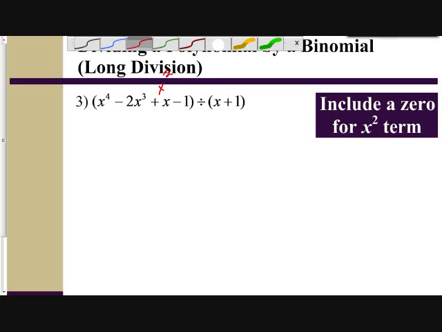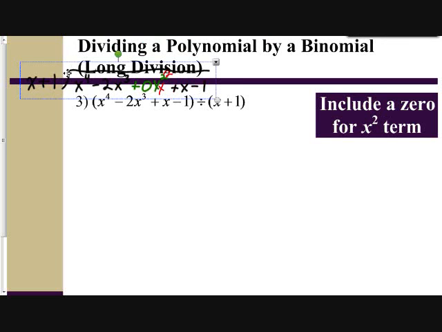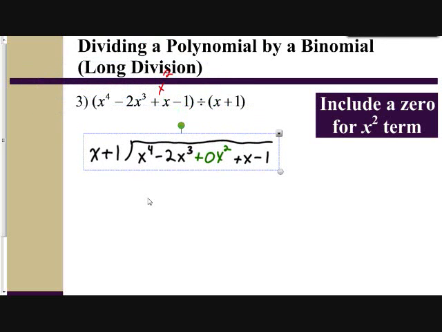So what we need to learn and what we apply when we're doing long division is that we must always include a 0 for any missing term, which here would be the x squared term. So we take a look. That means we would have our x to the fourth minus 2x cubed, and we're going to have to insert a 0x squared.